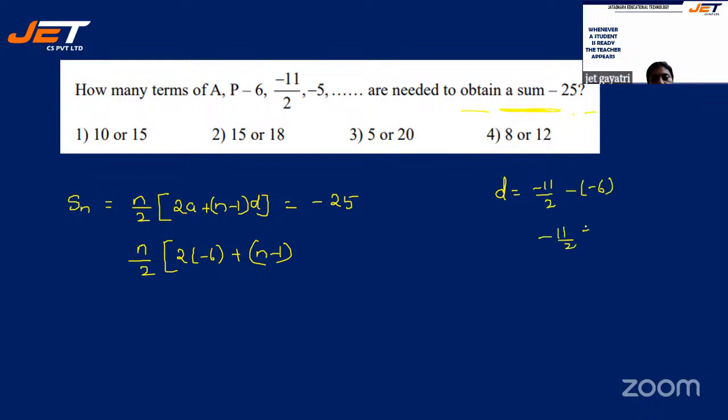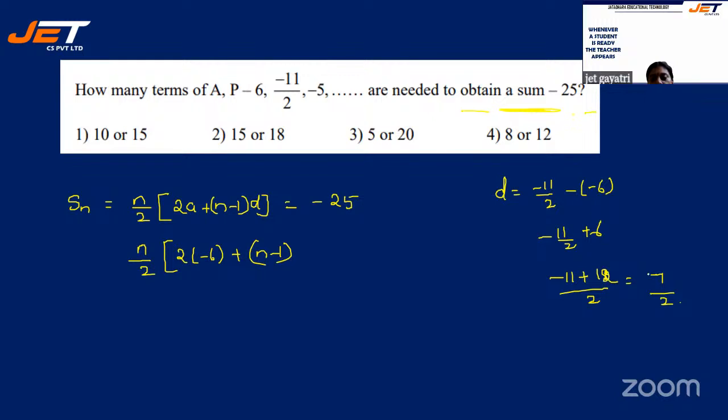So minus 11 by 2 plus 6, which is minus 11 plus 12 by 2.